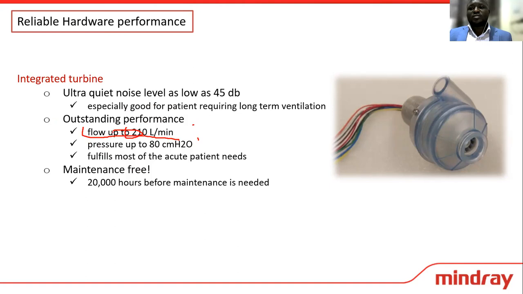With this flow that is able to be provided by the turbine, it clearly tells you that, okay, you're able to manage your patients effectively and very efficiently. And then with the turbine, you're able to run for 20,000 hours, which is a very long run time, and maintenance free.